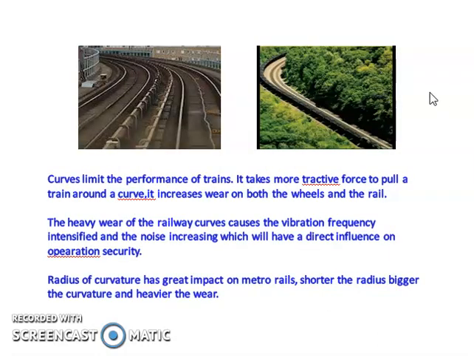In the case of railways, there is a great relationship between radius of curvature and the railway curves. When a train is moving along a curve, there will be heavy noise, and in spite of that there will be wear and tear in the wheels as well as in the rails. So here also it is advisable to design the curve in the form of a transition curve.